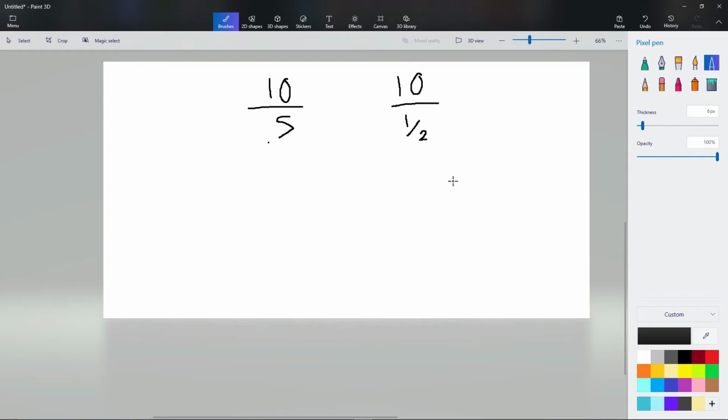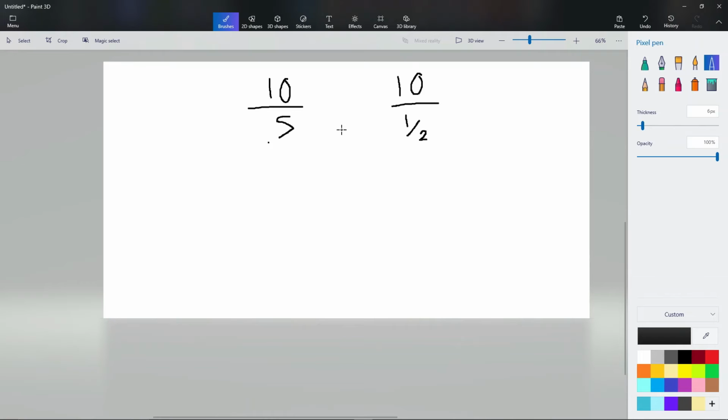Half of 10 is 5, and we're doing decimals. I turn that in, and of course comes out to be a half. So that is why 0.5 is equal to 1 over 2.